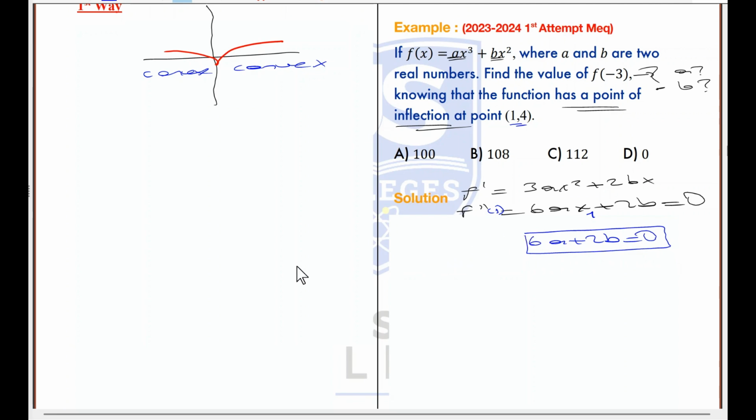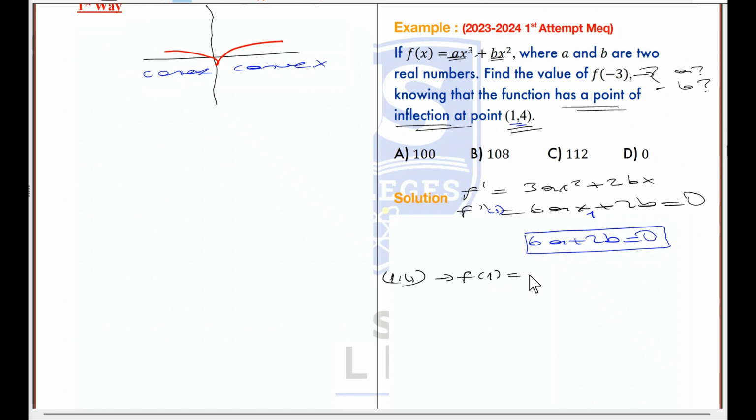I will get another equation because this point also is passing through the original function. If it is the inflection point, it should be on the original function, so it should satisfy the original function. So let's use this point in the original function.